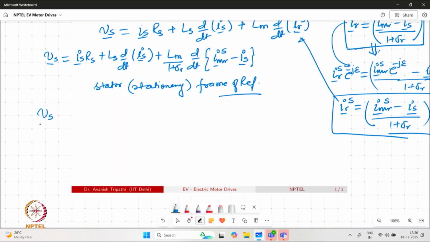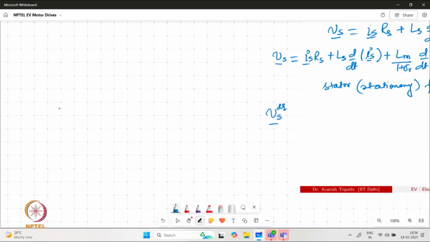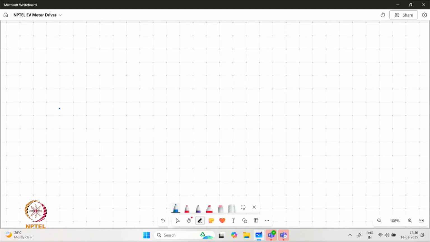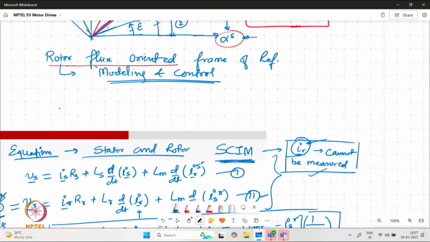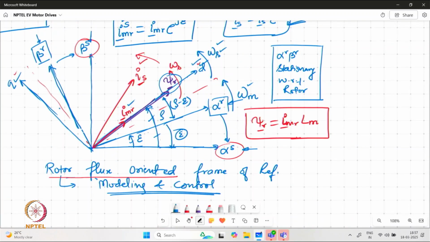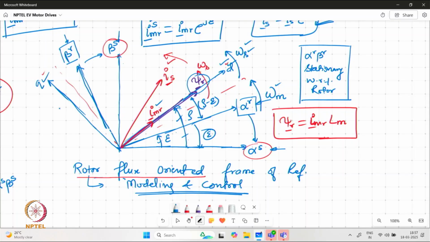So, taking the corresponding transformation to the DQ frame of reference, we can once again check the frame of reference for quick reference. So we are trying to have a representation of a quantity which is there in alpha s beta s into the DQ frame of reference.